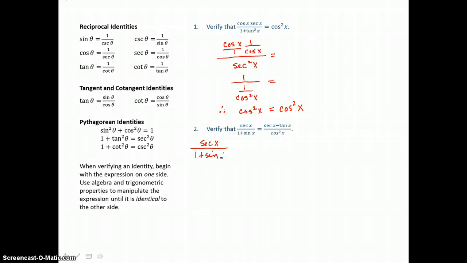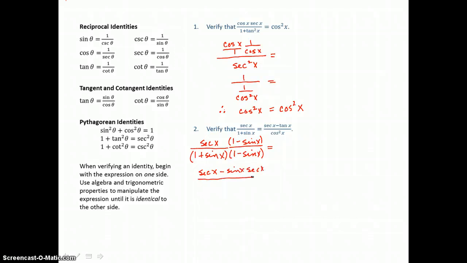And I'm going to multiply this fraction on the left-hand side by a form of 1: 1 minus the sine x over itself. And then distributing in the numerator, I have secant x times 1. That's secant x. I have secant x times negative sine. That's negative sine x secant x.